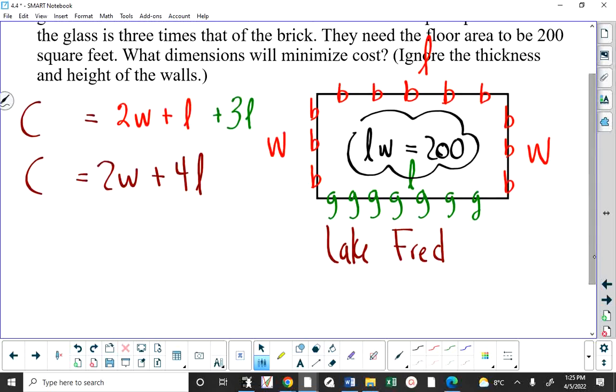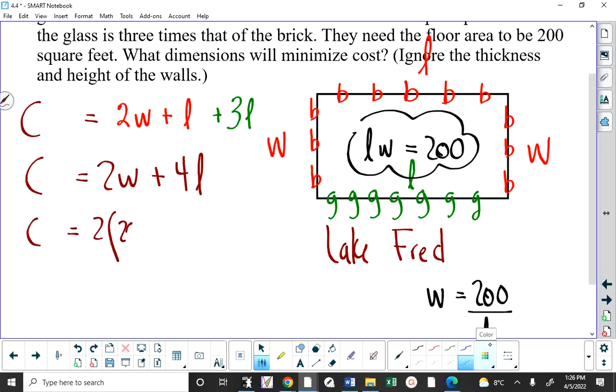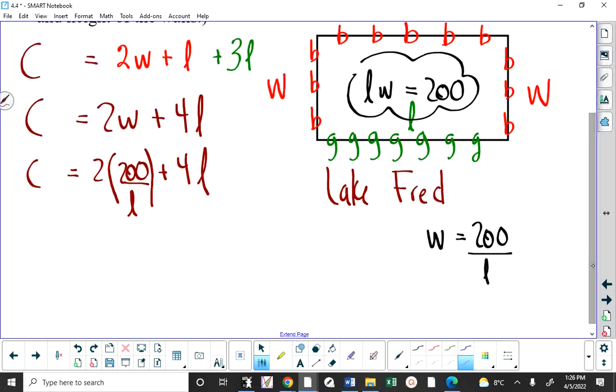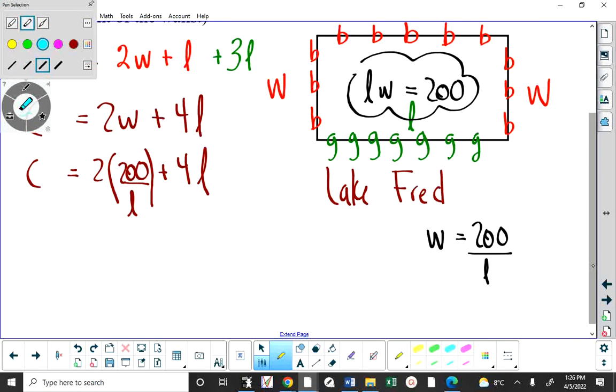W in that equation of constraint will be 200 over L. So we're going to get cost equals 2 times 200 over L plus 4L. So again, what I'm doing here, just to make sure that you understand, is I'm taking W, which is 200 over L, and I'm putting it in here.